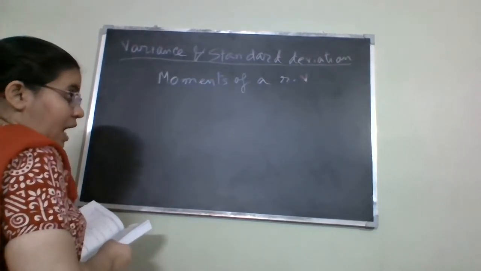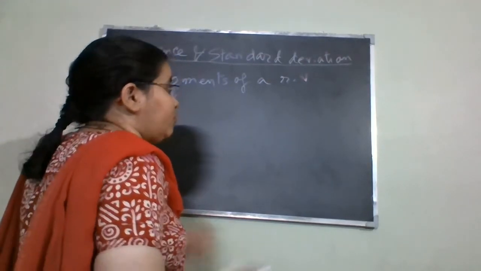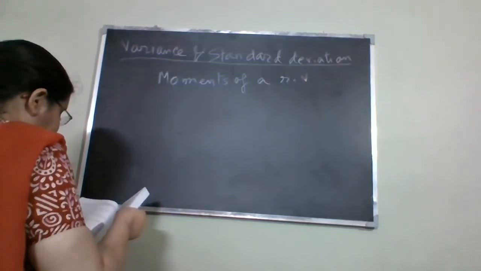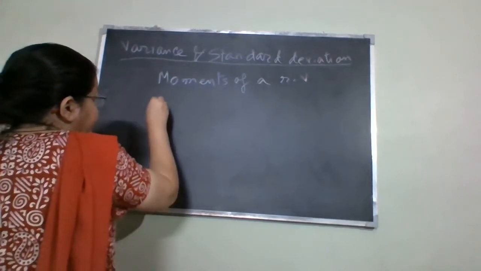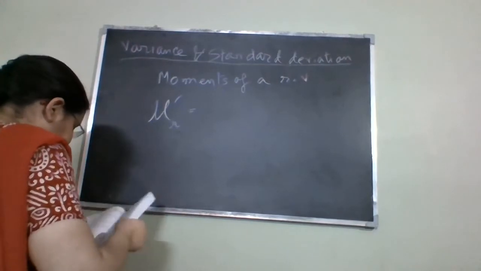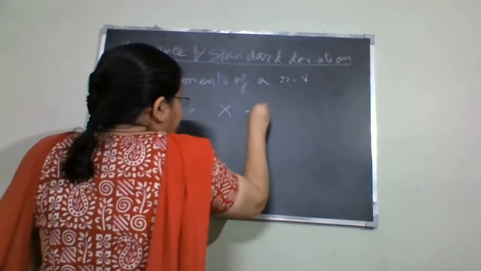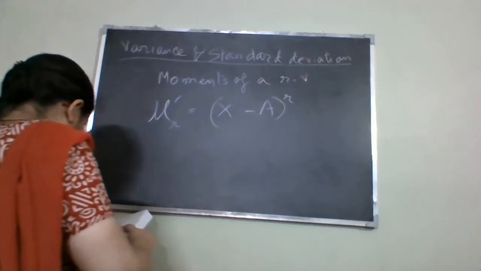We are finding the rth moment so that you can easily calculate the first moment, the second moment, third moment, fourth moment, and so on. The rth moment of a random variable capital X is denoted as mu r dash, that is equal to expectation of (X minus a) to the power of r.